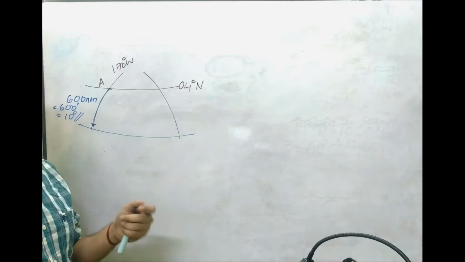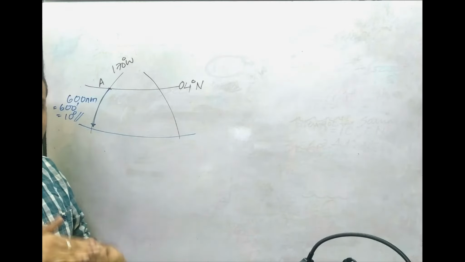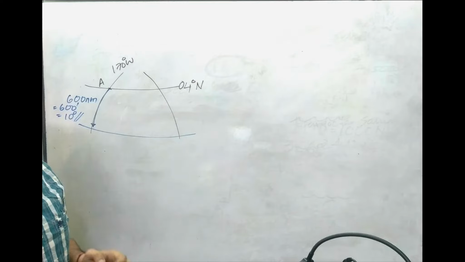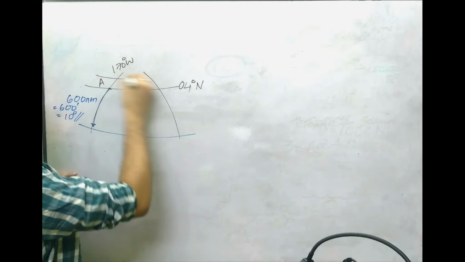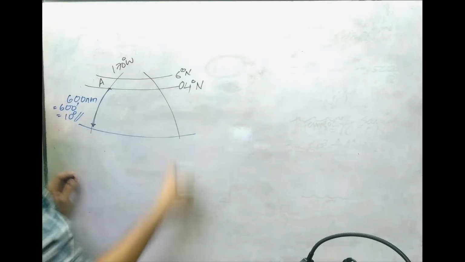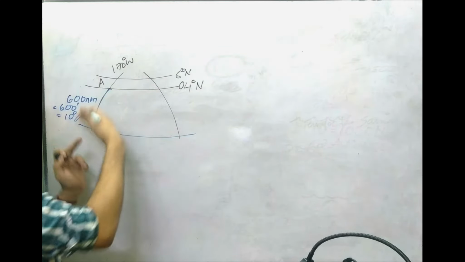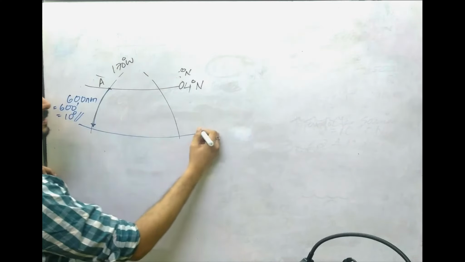Talk louder, because your volume is low, I'm not able to pick up what you're saying. 6 degrees south, which is correct. Yes, 6 degrees south. Therefore, this is 6 degrees south.